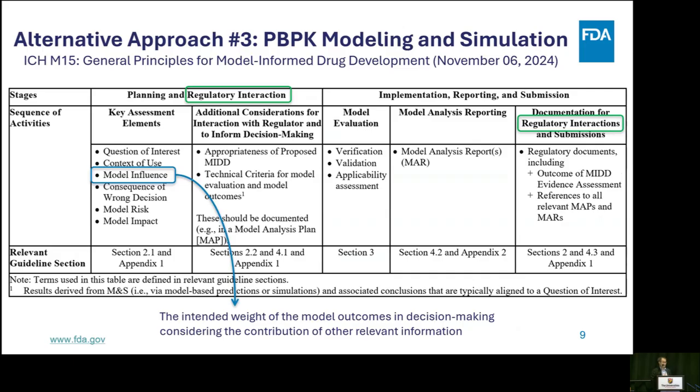Model influence is the intended weight of the model outcomes in decision-making, considering the contribution of other relevant information. So if you already have a lot of other evidence to support your decision, then the model plays a minor role. But if the pivotal information is lacking, the model will play a major role.